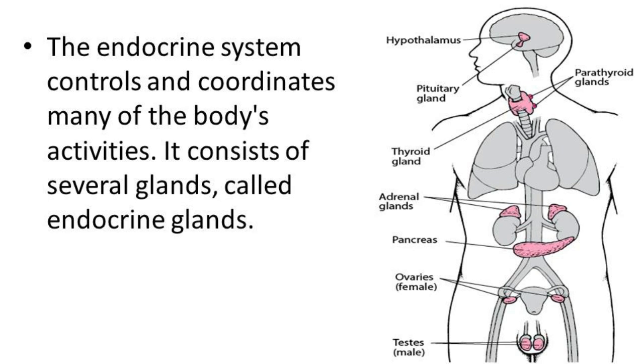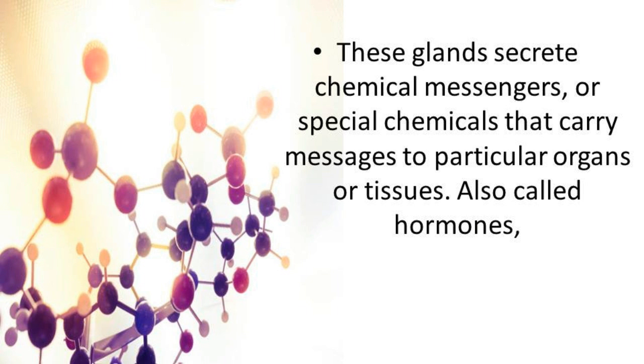Let's see them one by one. What are the glands? The endocrine glands secrete chemical messengers, special chemicals that carry messages to particular organs or tissues, also called hormones.